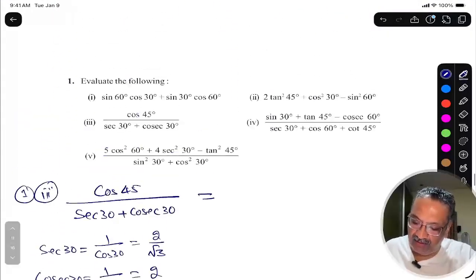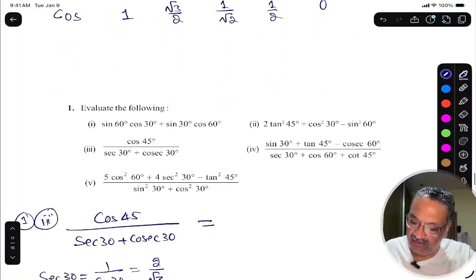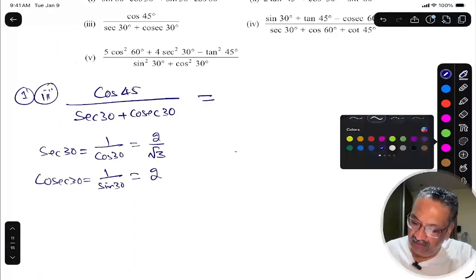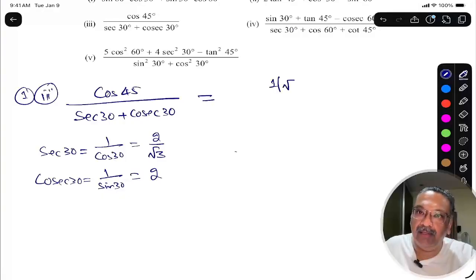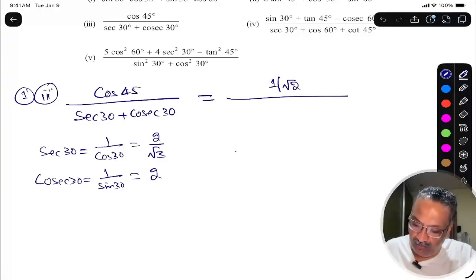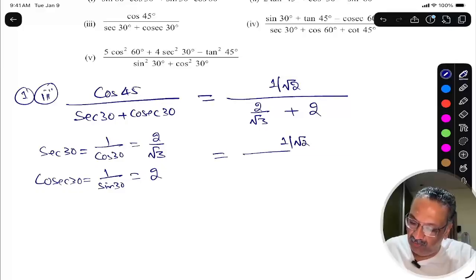So the value of cos 45 is 1 by root 2. That is 1 divided by root 2, whole upon secant 30, which is 2 by root 3, plus cosecant 30, which is 2. This is equal to 1 by root 2 divided by 2 by root 3 plus 2.